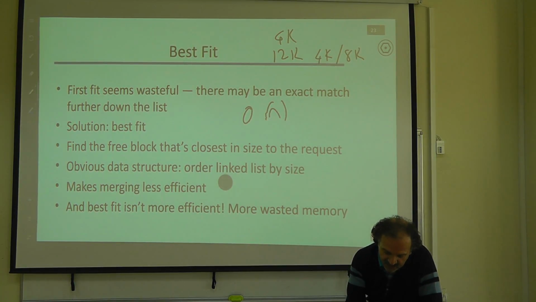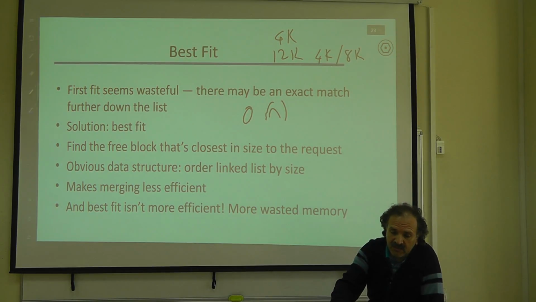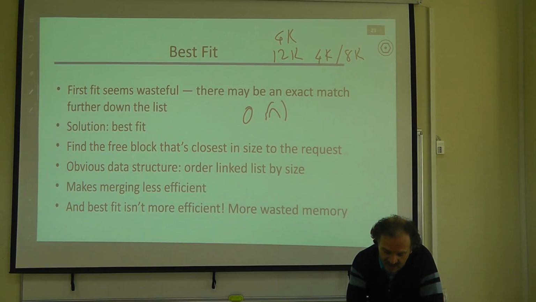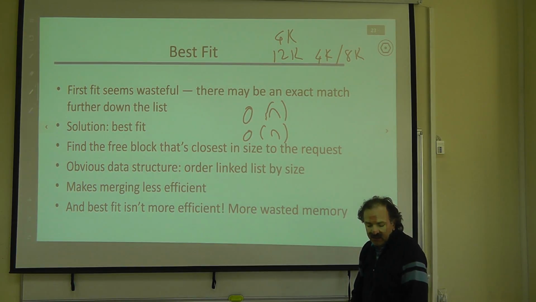And if I order the linked list by size, then log n? It's a linked list, so you have to search it, right? You can't do it by dividing into two, then the first part or the second part. Again, it is O(n). But these are theoretical numbers.